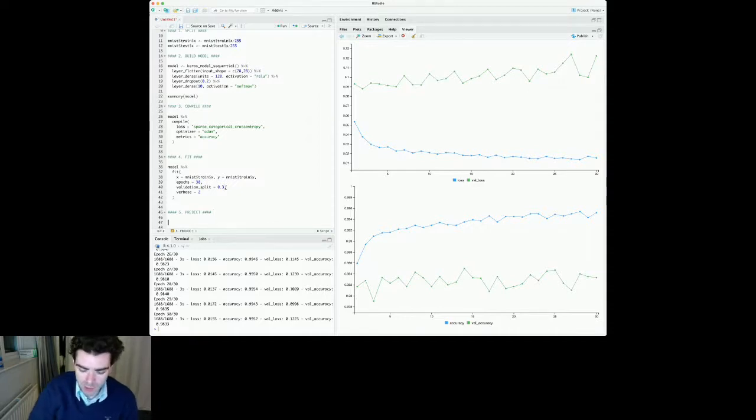But now we're going to make our predictions. So we're going to create a predictions variable. You can see I've already created something called predictions previously in my R, but we'll do it again. So now we just input model into predict, and the data we'll use is the MNIST, obviously.